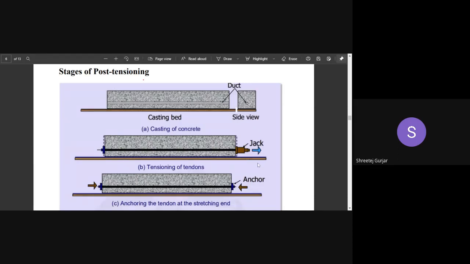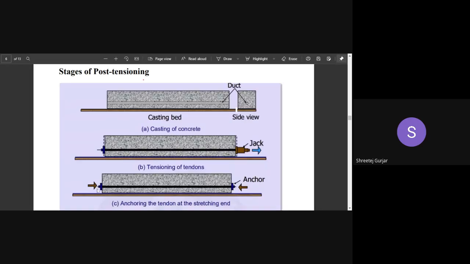These are a few stages which I have shown you. You can see on one side there is an anchor, and on the other side you have a jack which pulls your pre-stressing steel. Later, when you have acquired the required amount of pre-stress and stretching, you can apply your anchor.